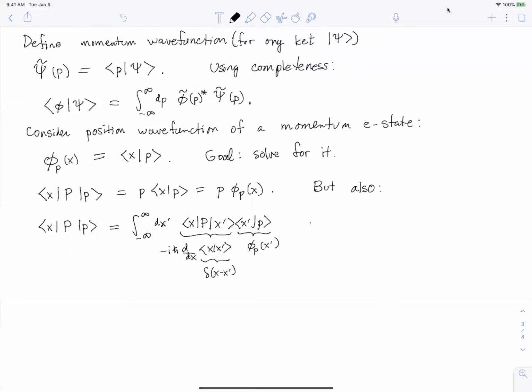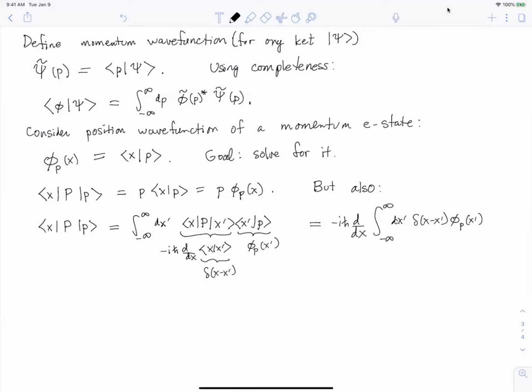So the whole thing, just cleaning up the mess a little bit, is equal to minus i h bar d by dx. I'm taking the derivative outside the integral sign. Integral from minus infinity to infinity dx prime of delta of x minus x prime, and then phi sub p of x prime.